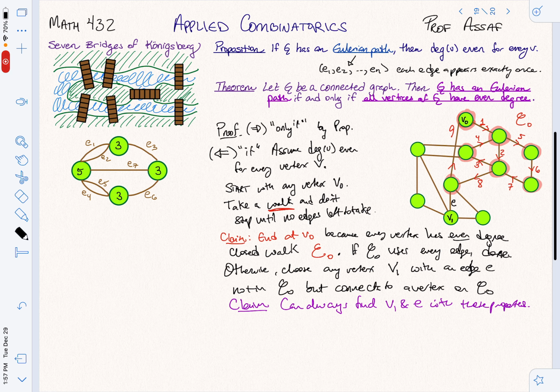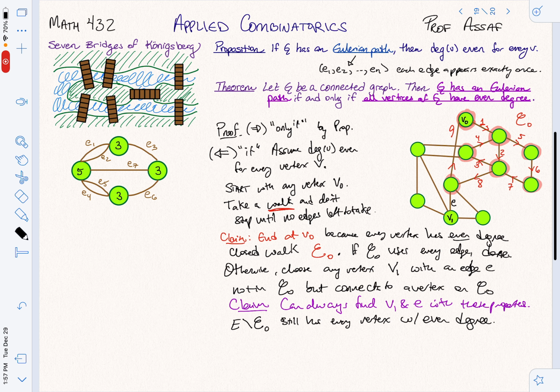And now what do I do from there? Well, now I know that if I think about my graph with all of the edges in C naught removed, so E minus C naught, this graph still has every vertex with even degree. Why?